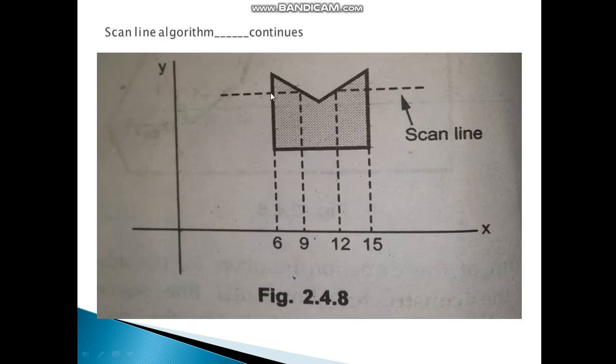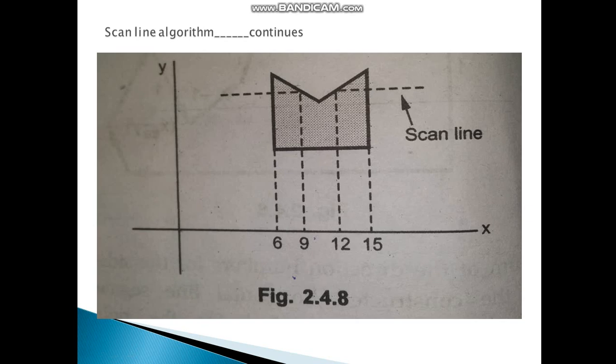This means we sort these intersection points from left to right. Here is the first scanline: the first intersection point is 6, then 9, 12 and 15. After finding the intersection points, we sort them left to right. So 6 and 9 is one pair, and 12 and 15 is another pair.